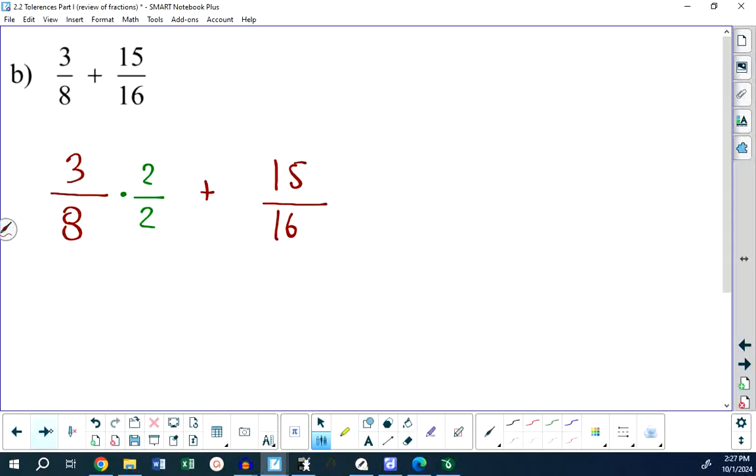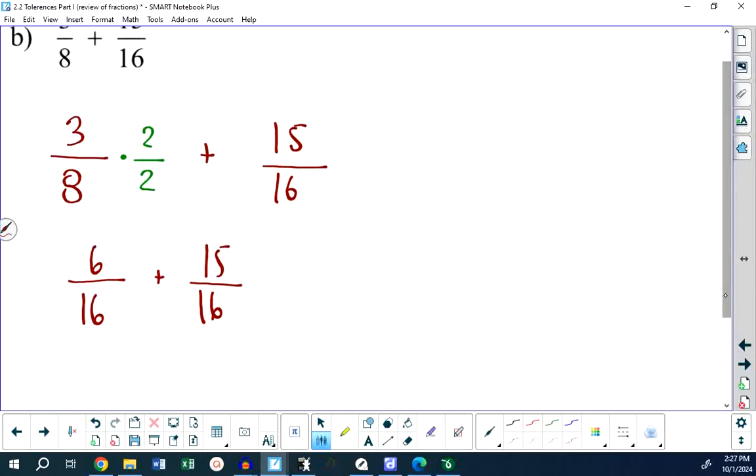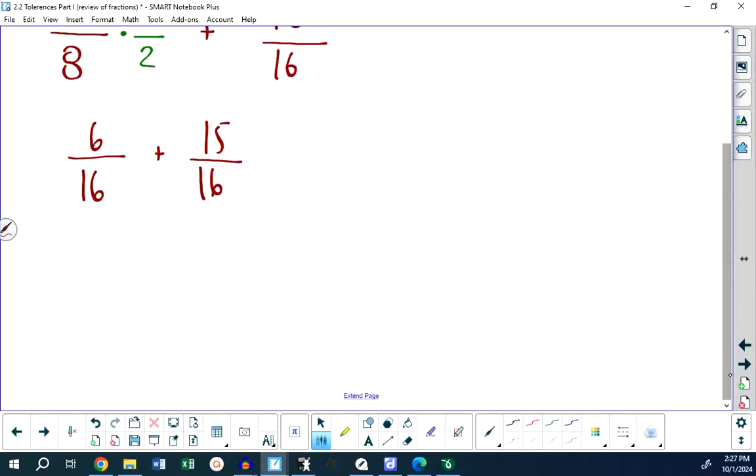What do we get? 6 across the top. 2 times 8 is 16. Well, now that makes sense. We're adding 16ths and 16ths. So I have 6 16ths and 15 16ths. We don't have to do this, but it might help for some of you.